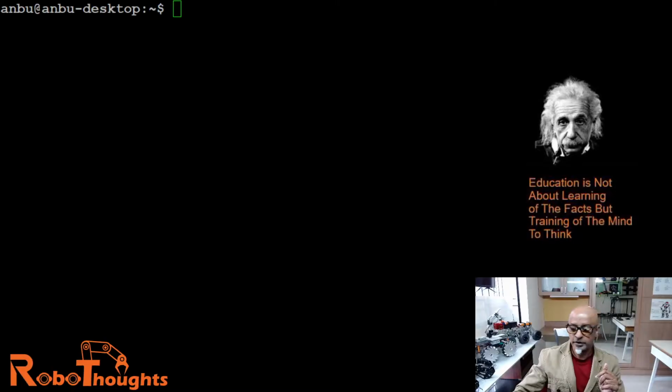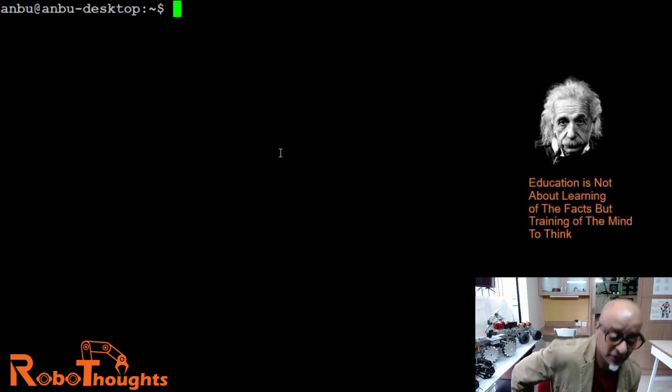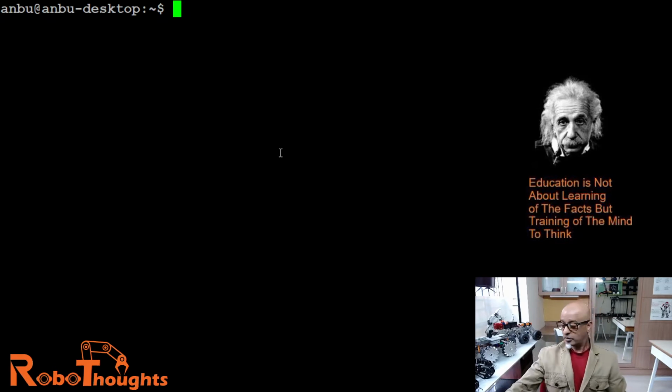So let me share my screen. I'm already logged into my Jetson Nano, and I hope you are too. Now let me show you a specific example of what a type of a variable looks like.